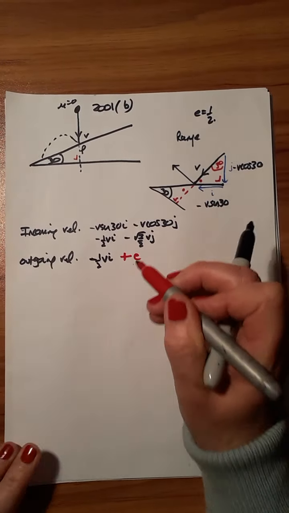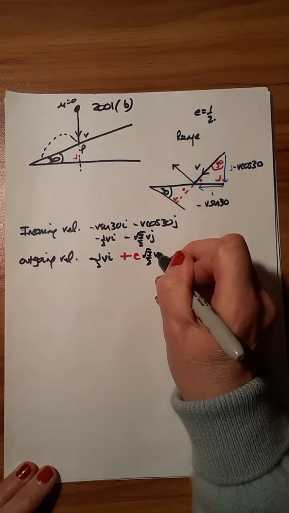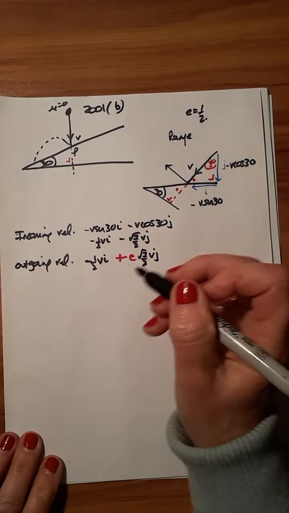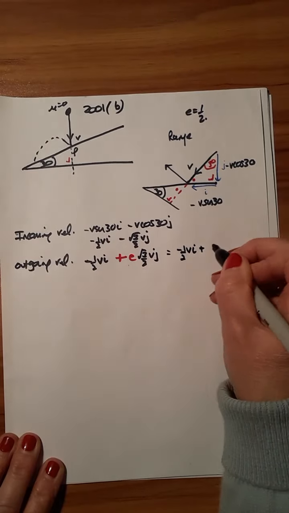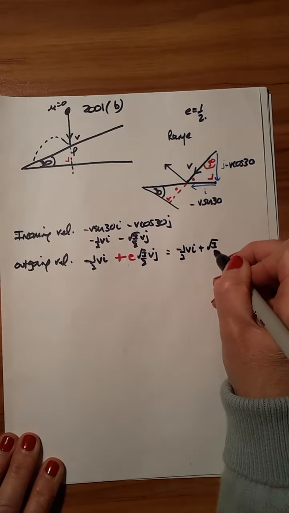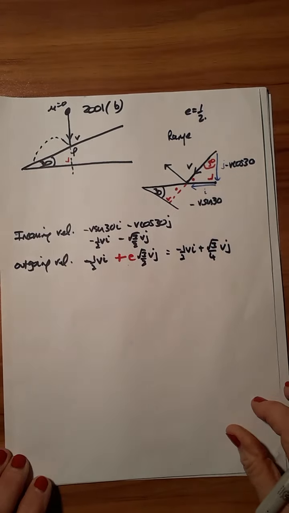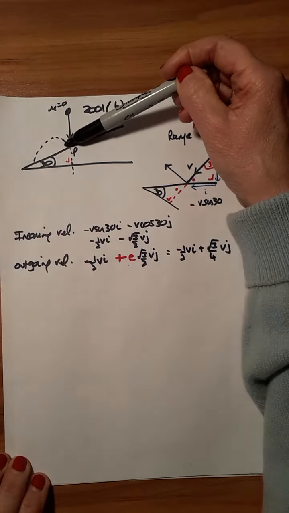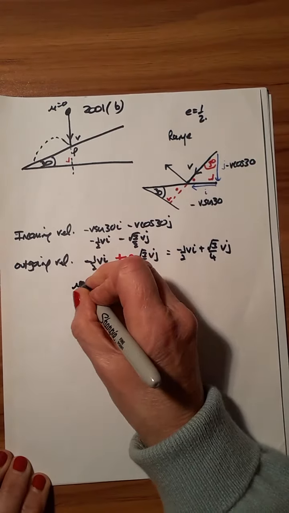I'll multiply it by e, and that will be root 3 over 2 v j. And when I do that, I know that e is a half. That means that my outgoing velocity is minus a half v i plus root 3 over 4 v j, because e is a half. Right, so this now is my velocity here after the first bounce, the first strike, and I want the range. So I need to draw up a table.